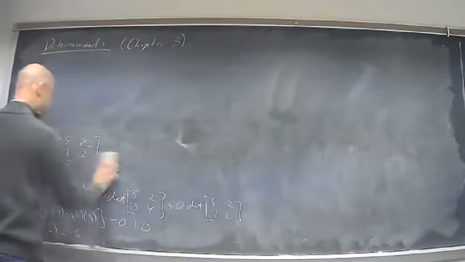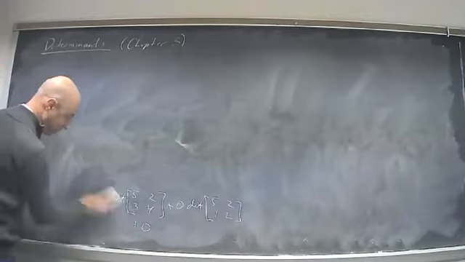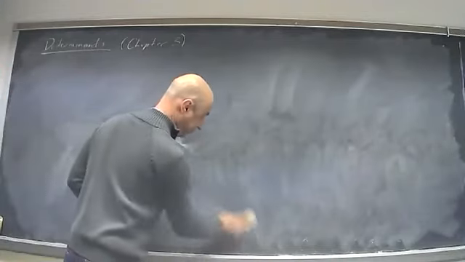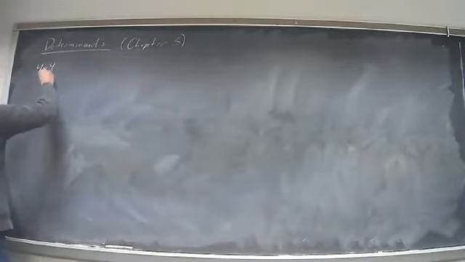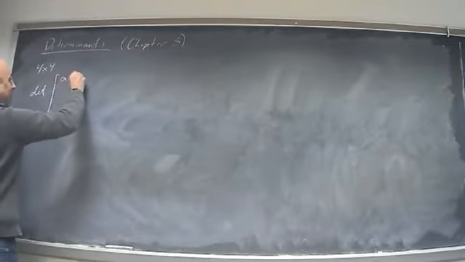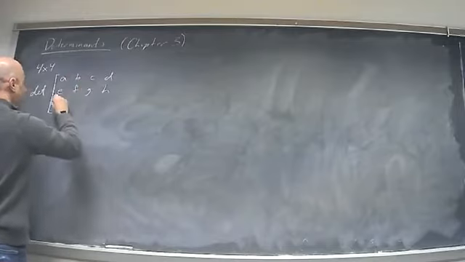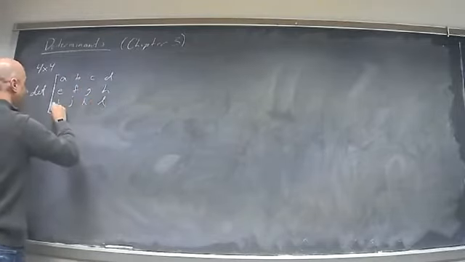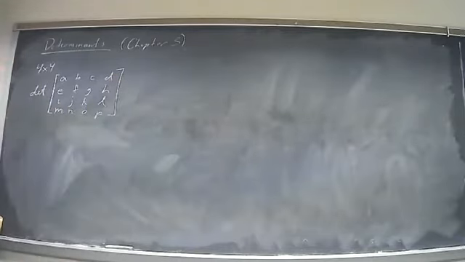So we use the fact that we were able to compute the determinant of a 2 by 2 to compute the determinant of a 3 by 3. So let's move to 4 by 4. So the determinant of, let's say, A, B, C, D, E, F, G, H, I, J, K, L, M, N, O, P. I hate using O as a variable because it looks a lot like a 0, but whatever.